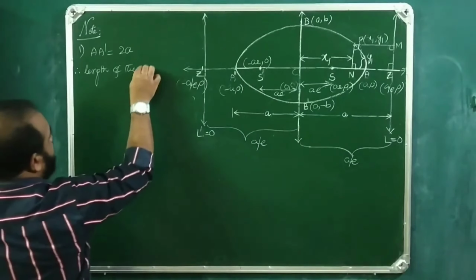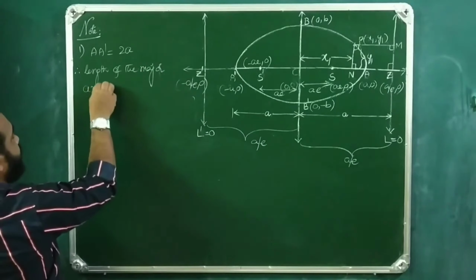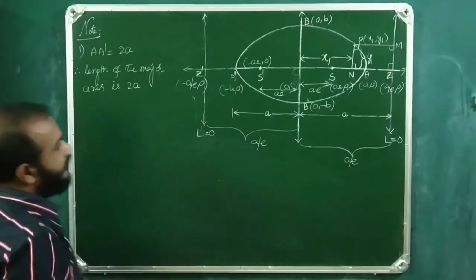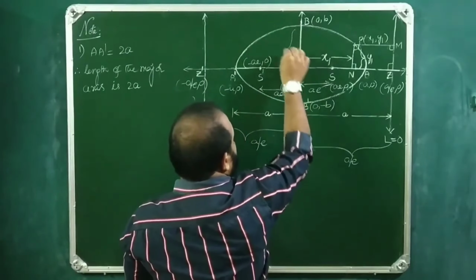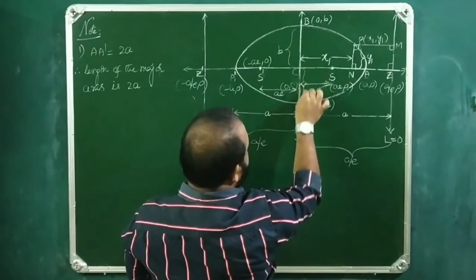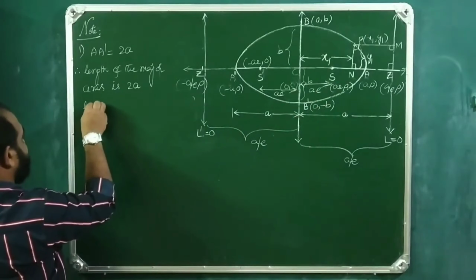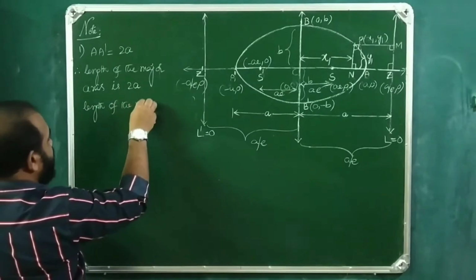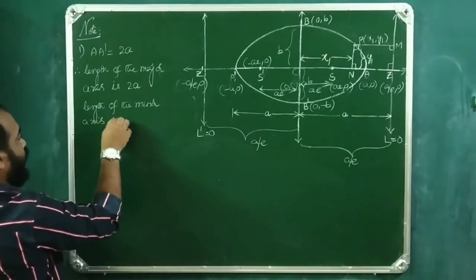Length of the major axis is 2A. And BB dash: this is B and this is also B. B plus B, 2B. Length of the minor axis is 2B.